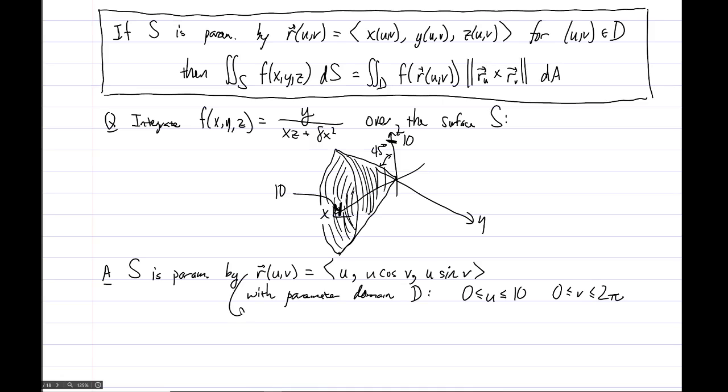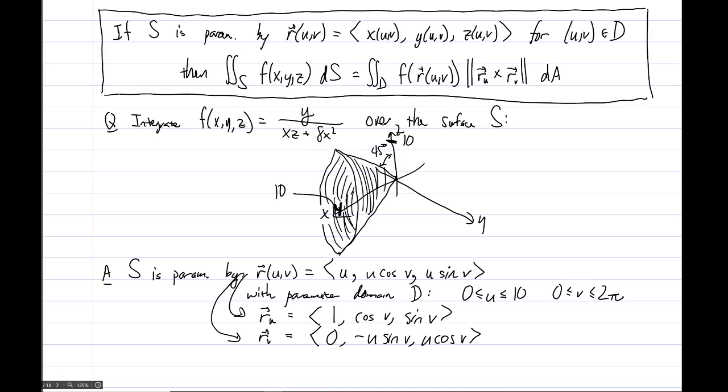So we can take the parameterization and compute the partial derivative with respect to u and the partial derivative with respect to v. These are things we would have done in the previous section as well. So r sub u is 1 comma cosine v comma sine v, and for r sub v, differentiating with respect to v, we'll have 0 comma negative u sine v comma u cosine v.